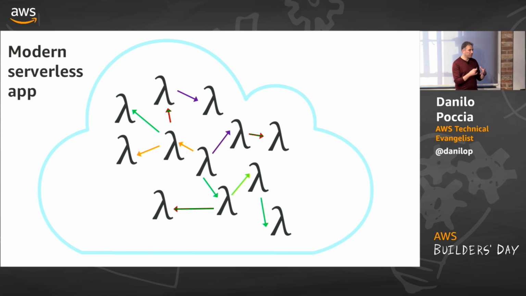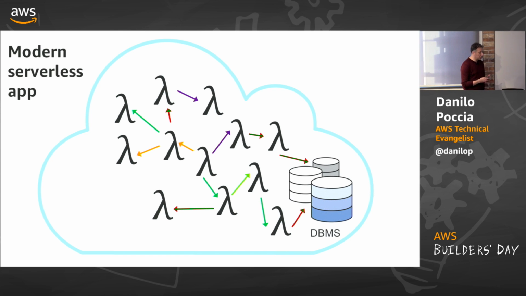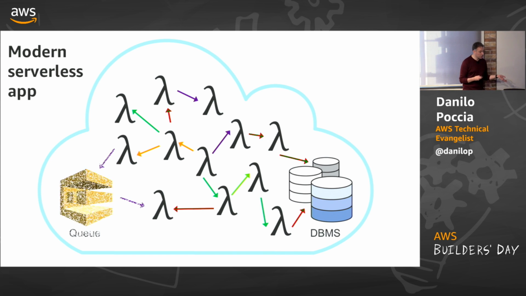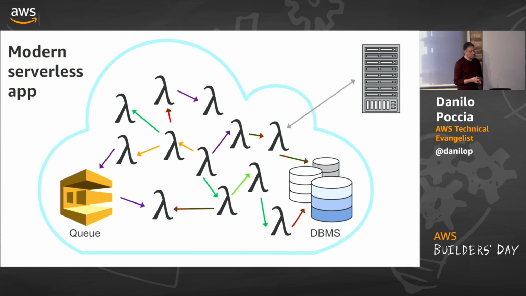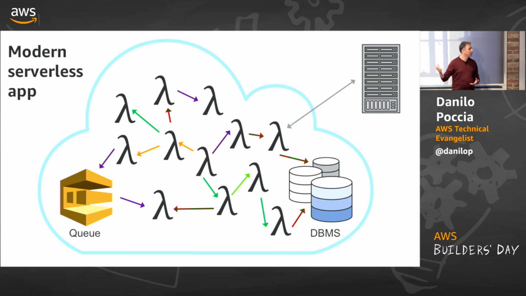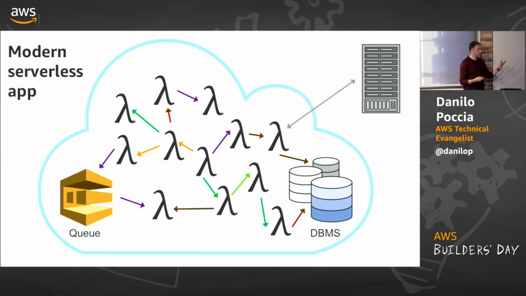You can use SAM, but still there are maybe some functions that read and write from a database or some persistent storage. Maybe some functions receive information from or send information to a queue where you can serialize your requests. And sometimes you need to integrate your environment with legacy systems that are connected using Direct Connect maybe, and they are completely different architectures from the traditional architecture that you use when you build serverless technology.